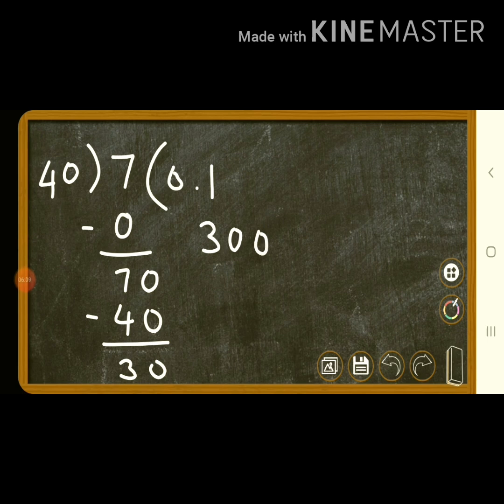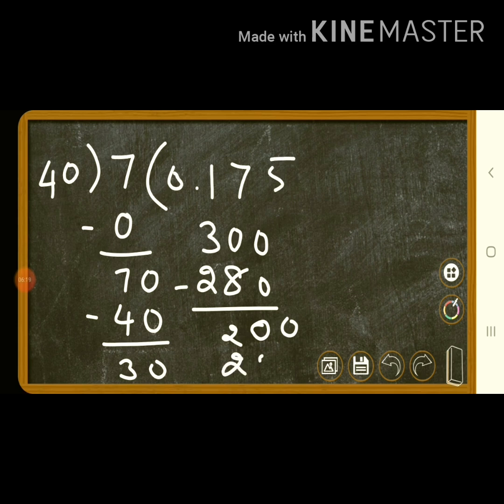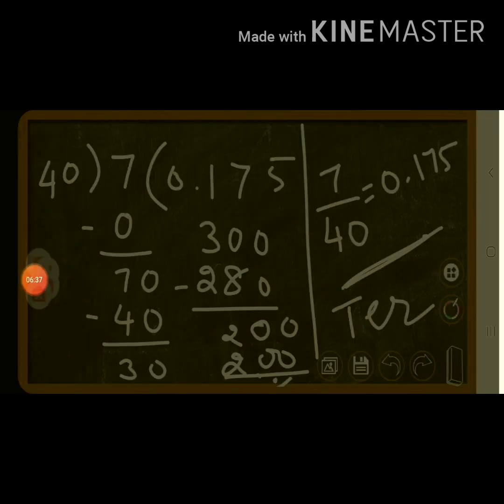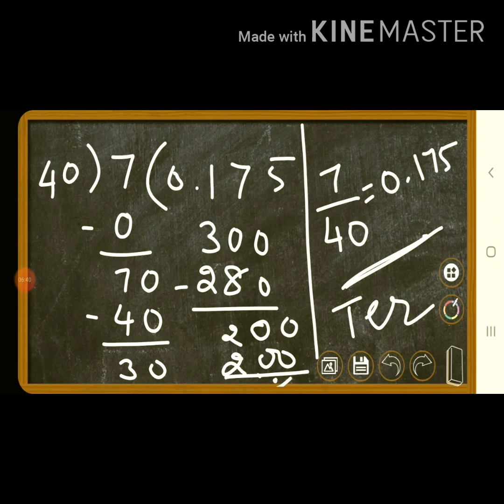Keep another 0. 40 sevens are 280. The remainder is 20. Add another 0. 40 fives are 200, and here the division finishes. And you can see 7 by 40 is equal to 0.175, which is terminating in its decimal form, as the division is stopping.